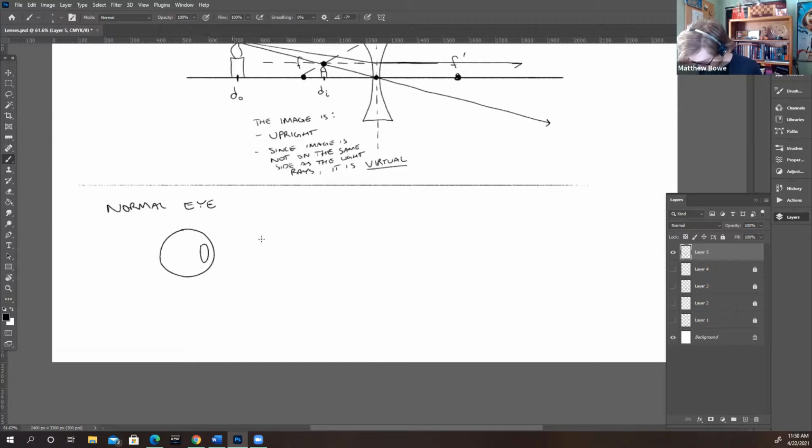So, let's see. Let's go like this. For a normal eye, there is this sort of limit on what you can see. I don't know if any of you have 20/20 vision, but this also applies to pretty much everyone.